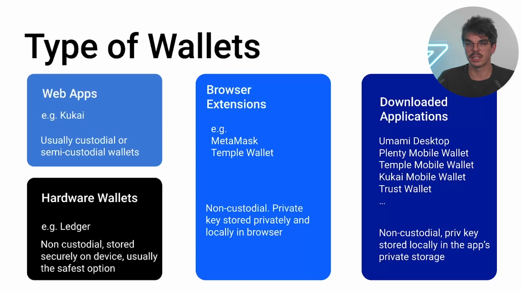And then the final one is applications, which may be desktop applications or something like that. Umami Desktop is an example of a desktop application wallet in the Tezos ecosystem. Again, non-custodial, and the private keys are stored locally within the app's local storage.